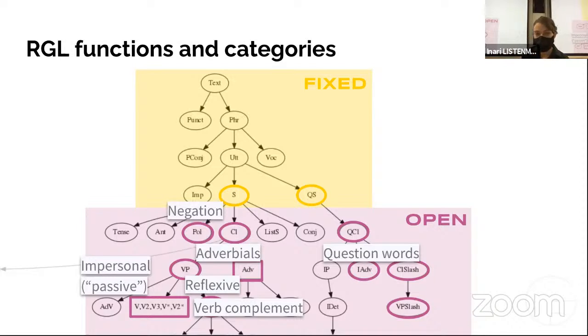So this is not a claim about language universals, not a claim about psycholinguistics. Just in this particular library, in this particular grammar formalism, people decided to do things this way.